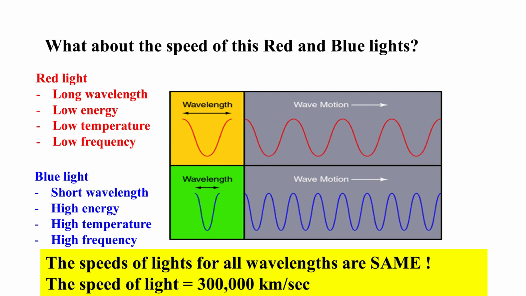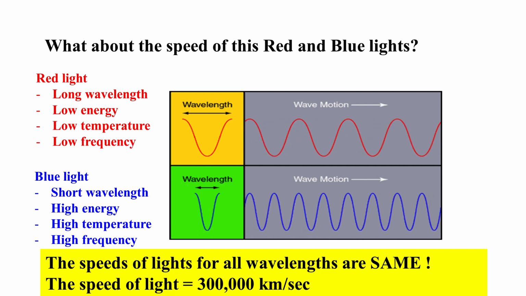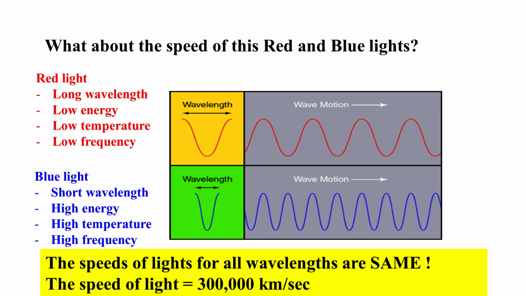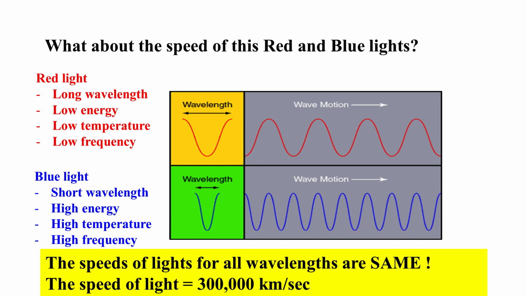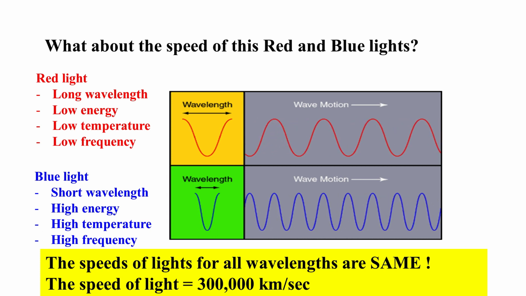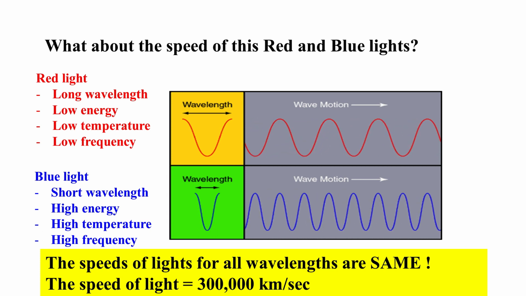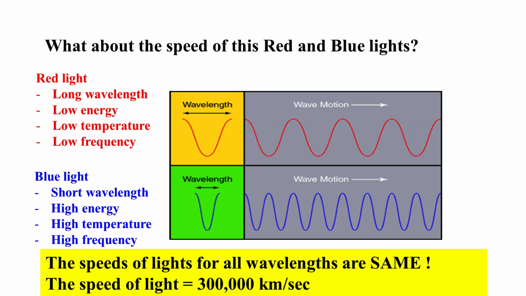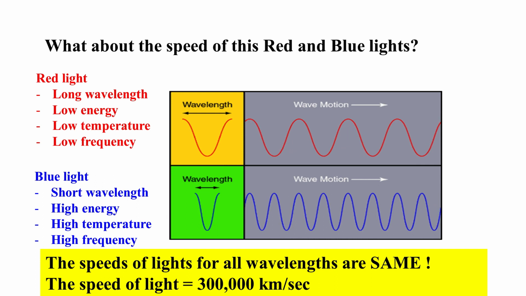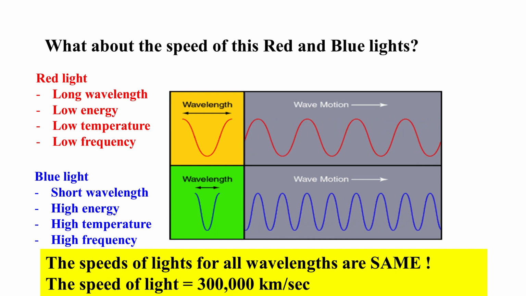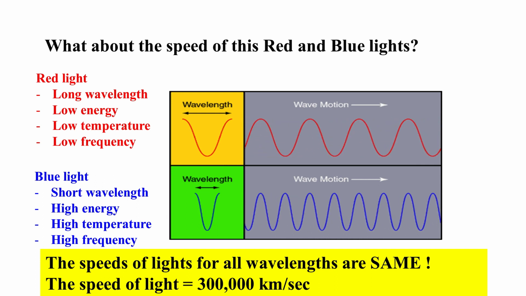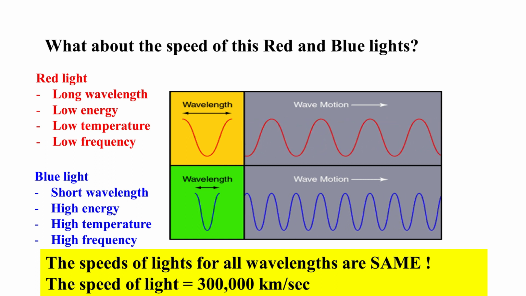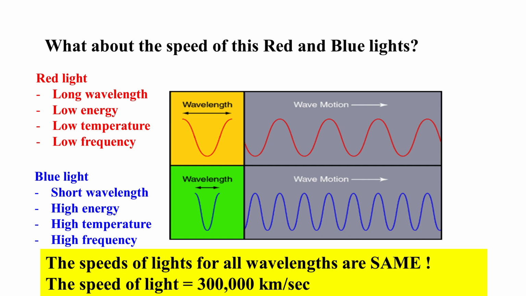Red light and blue light have the same speed, 300,000 kilometers per second. Red light: long wavelength, low energy, low temperature, low frequency. Blue light: shorter wavelength, higher energy, high temperature, high frequency. The speed of light for all wavelengths is the same, 300,000 kilometers per second.